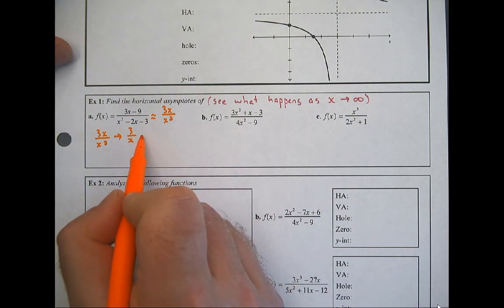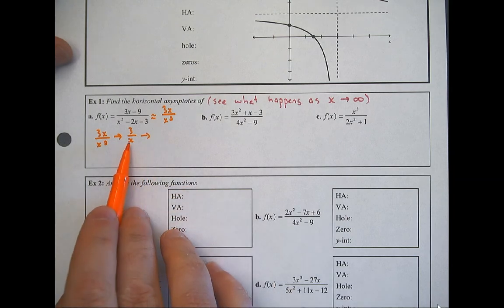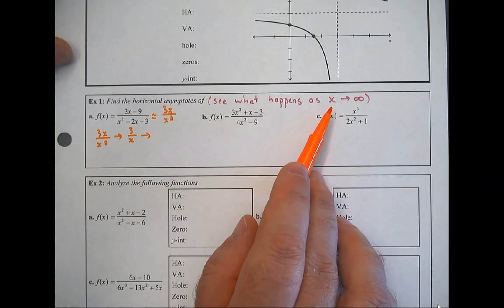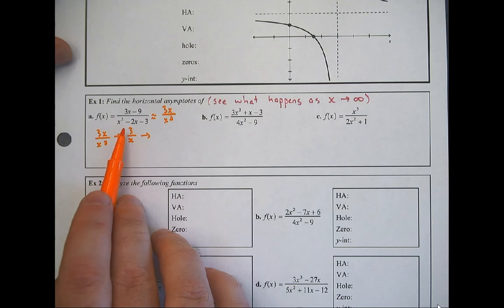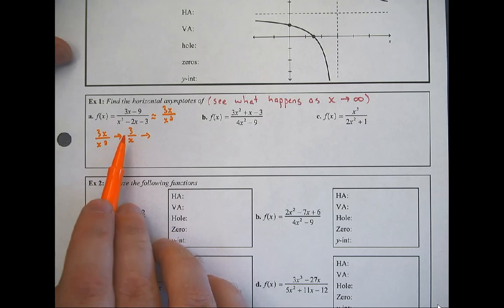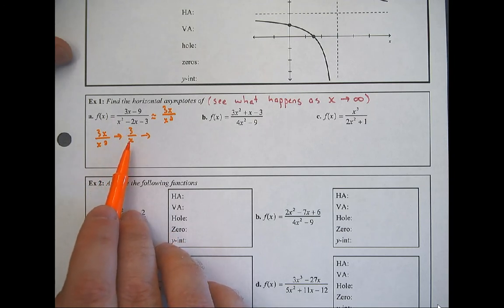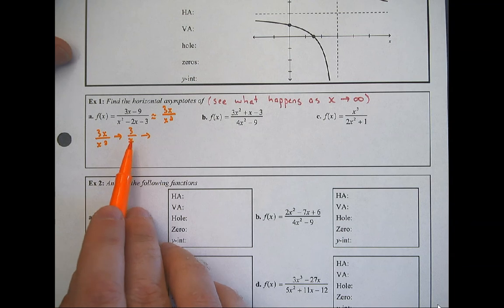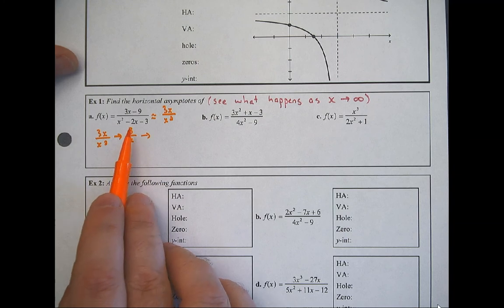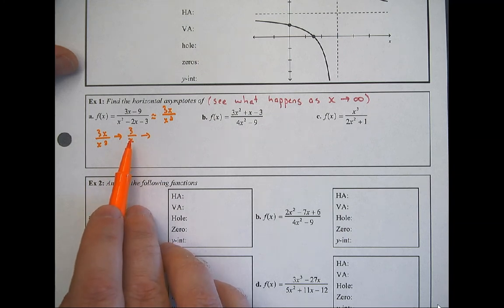Now think about what's happening here. I'm putting a huge, huge number in for x, something massive. Think about it. If you took 3 pizzas and you divided those pizzas by everybody in the classroom, how much pizza would you get? Okay, you could kind of picture it. What if we took those 3 pizzas and divided by everybody who lives in Fruitport, not just in this classroom? You're going to get a lot smaller amount of pizza. Let's say we took these 3 and divided by everybody in the state, the country, or everybody in the world.